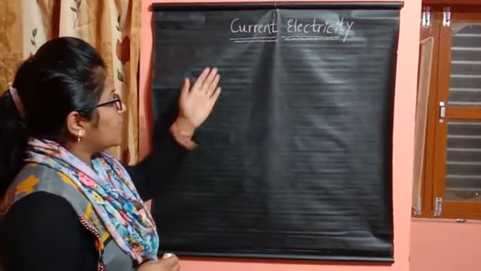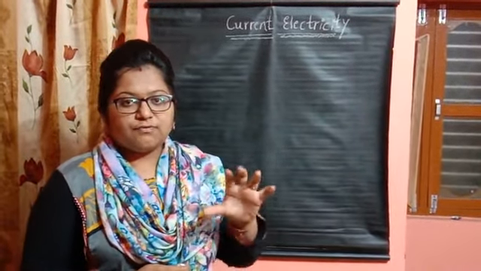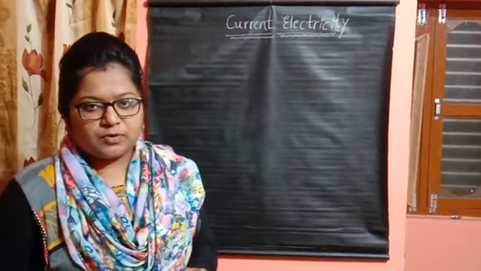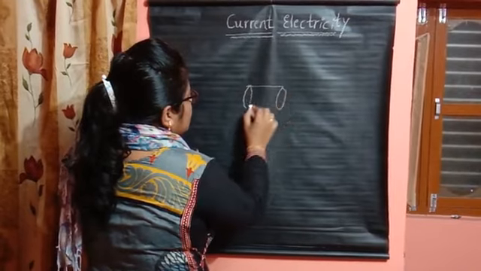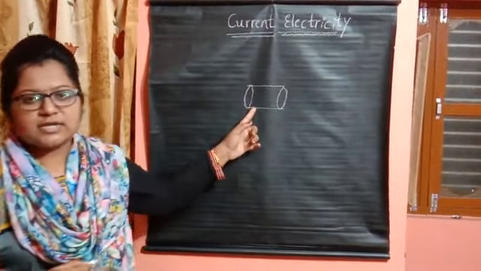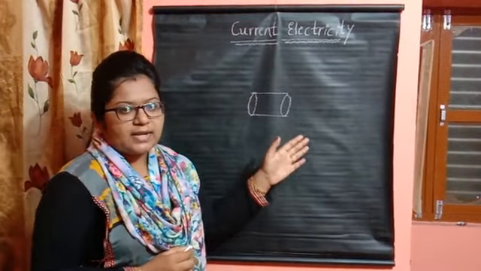Current electricity is nothing but free electrons moving in a conductor. Let's consider a conductor. If in this conductor free electrons are moving, they will constitute an electric current.